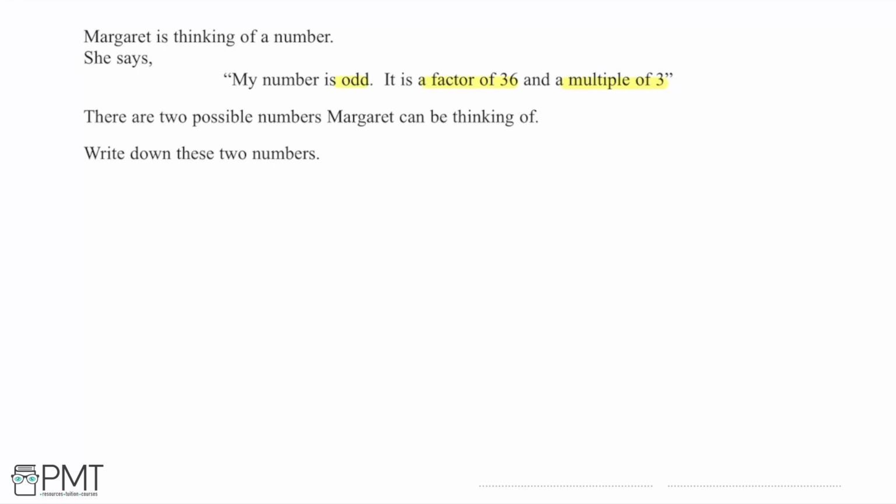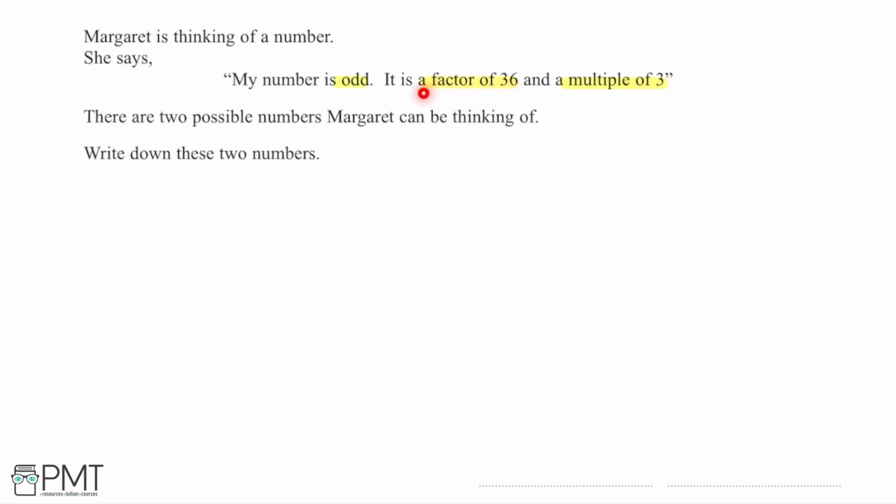Now looking back to the criteria, if I'm going to start listing some of the numbers that fit these criteria, I could list the odd numbers. However, there are quite a lot of them up to 36, which is what I need to be working with here if the numbers are a factor of 36. Multiples of 3, again, there are quite a few of them, and I'm still going to have to list them up to 36.